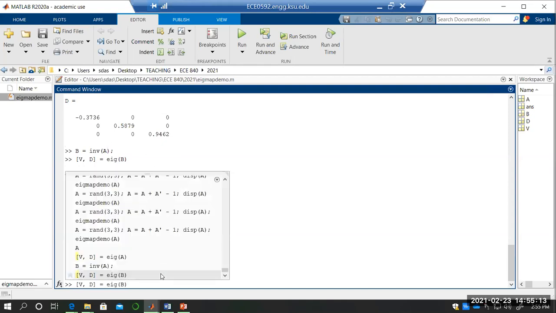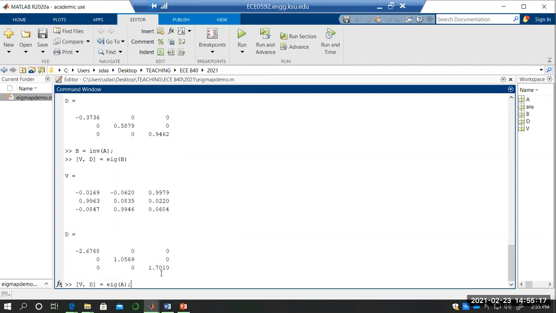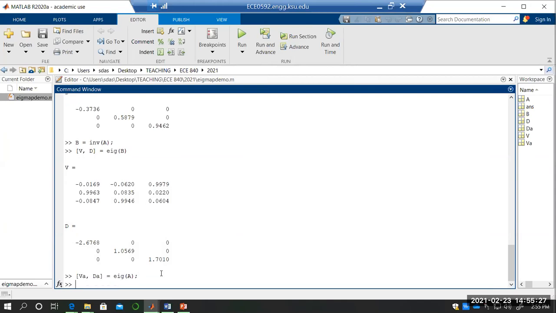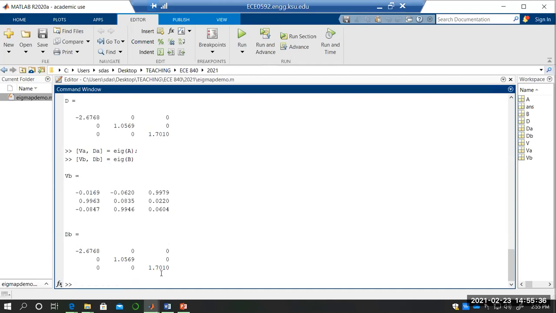Let's call these VA and DA, the eigenvectors and eigenvalues of A, and VB and DB the eigenvectors and eigenvalues of its inverse, which is B.